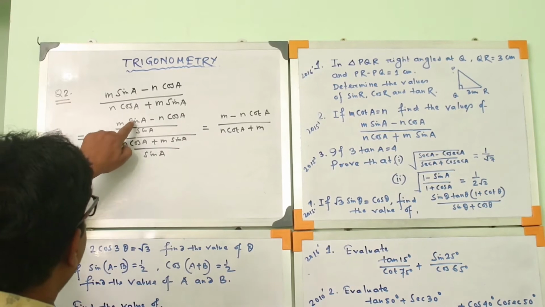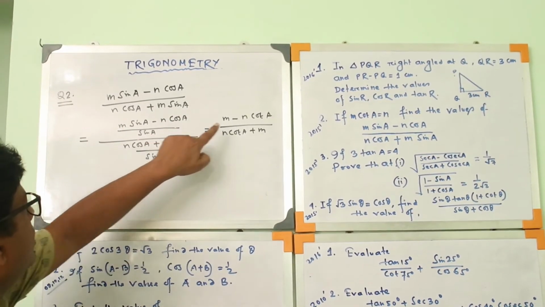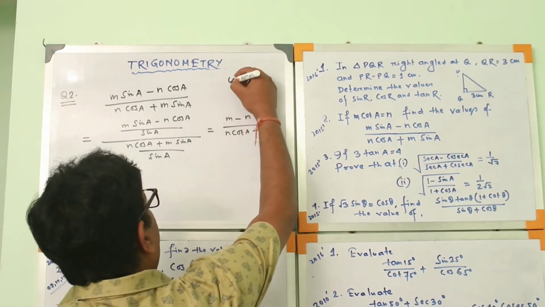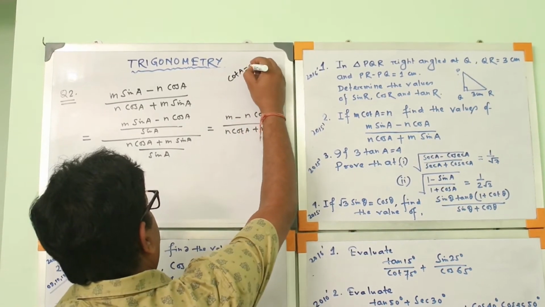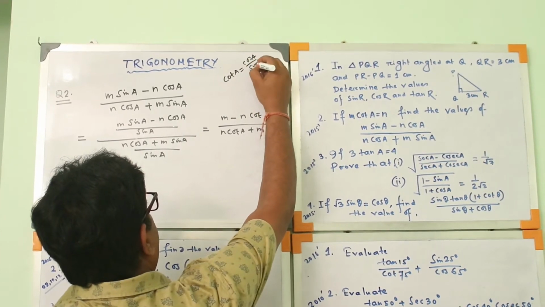That means this sin A cancels, then ultimately you will get m minus n cos A by sin A, which means cot A. So you will get cot A, this is another formula which is equal to cos A by sin A.